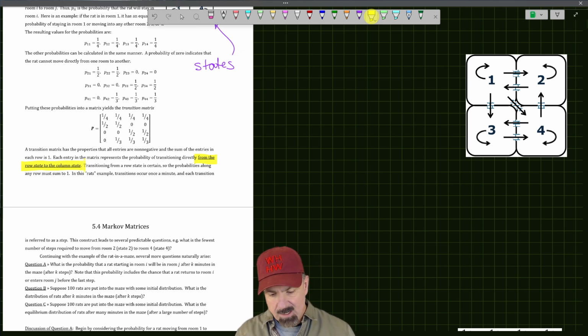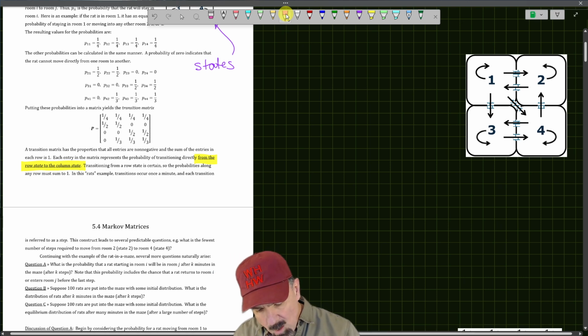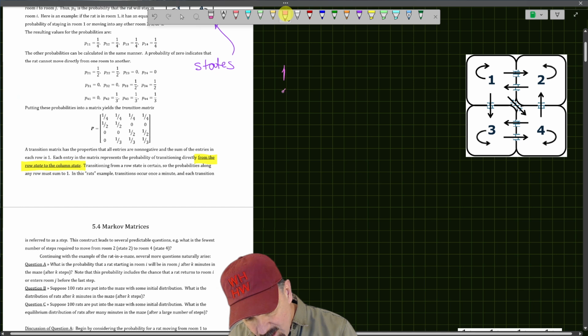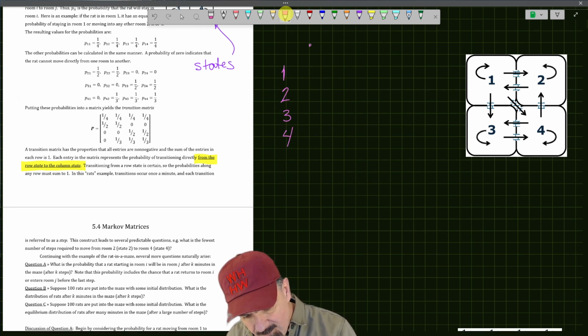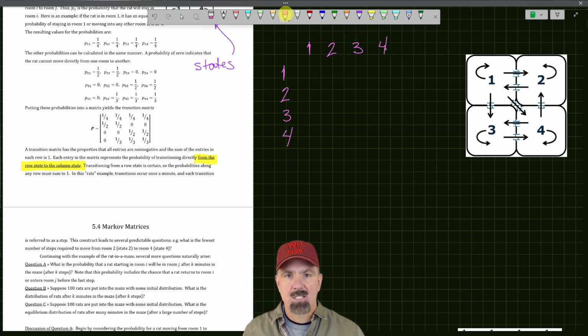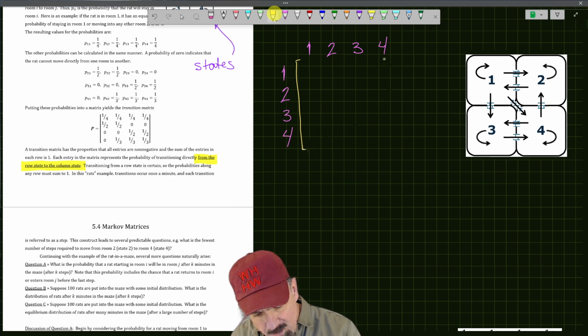Let me show you specifically with an example what I'm talking about here. We have 4 states. The states are the rooms, rooms 1, 2, 3, and 4. What I'm doing is setting this up, and I recommend you do this every time when you're building a transition matrix. It helps to keep things straight, and it makes it quite easy to fill out the transition matrix.